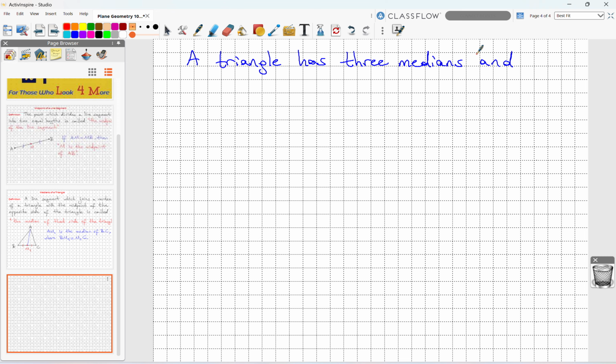Okay, a triangle has three medians, and I'm writing this part using a different color. All these three medians of a triangle intersect at one point.